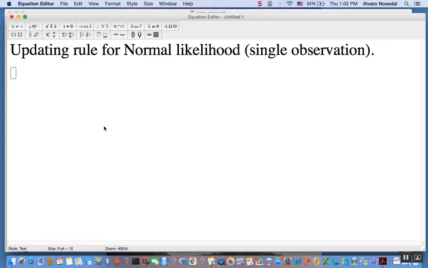So let's try and derive those simple updating rules for this case when we are considering a single observation coming from a normal likelihood. As usual, we will start with the main two ingredients of a Bayesian analysis. We need the likelihood. The other one is our prior. But let's talk about the likelihood first.